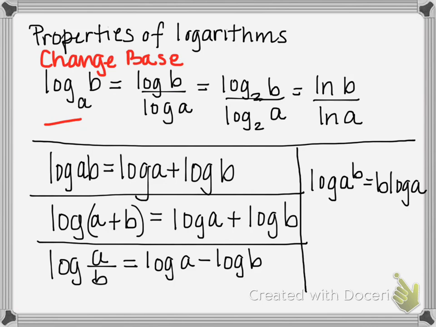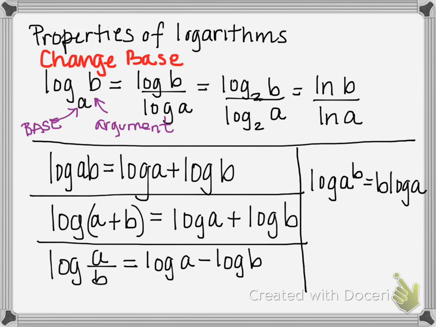Let's get a couple of terms out of the way here, using those, where this is the base and this is the argument, the value that we are taking the log of.